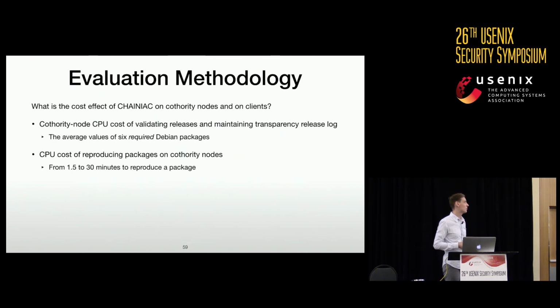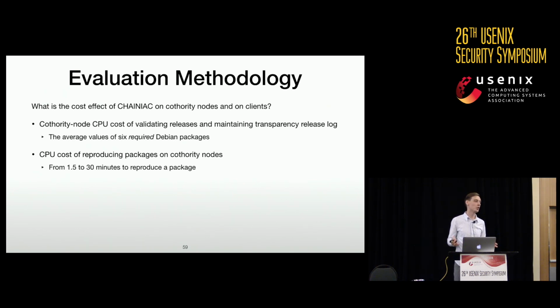In addition to this, we did more experiments. I will not show them, but if you're interested, please go and read the paper. We evaluated how reproducible the reproducible packages are and how much time it takes. We reproduced around 150 random, security-critical packages, and it took from 1.5 minutes to 30 minutes.